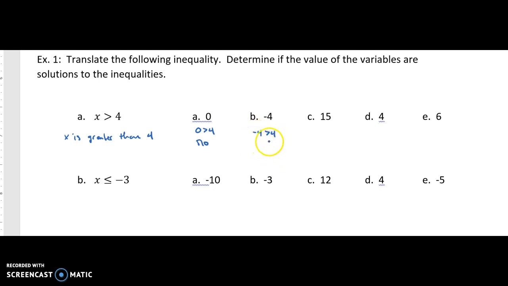Is the alligator eating the bigger number here? No. Is 15 greater than 4? That is yes, so that is a solution. So 15 is a solution. Is 4 greater than 4? No, 4 is equal to 4. It's not greater than 4, so this is a no. And then is 6 greater than 4? That is a yes.